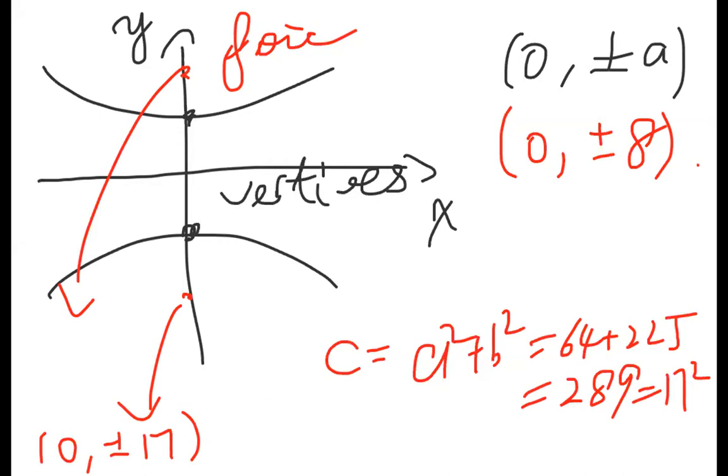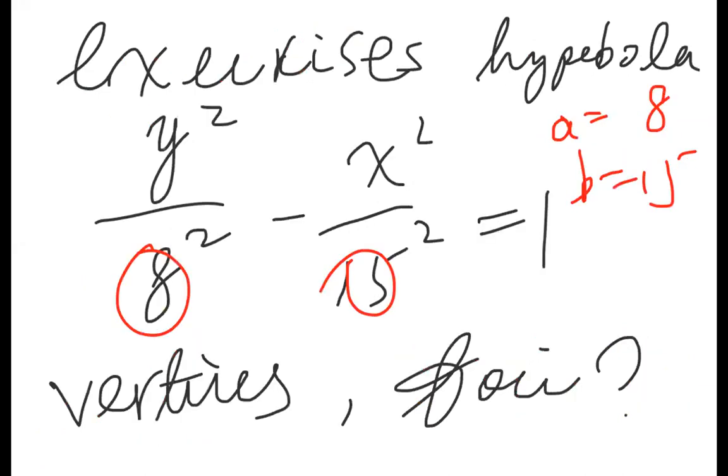So for a hyperbola, the very first step you should do is identify what the graph looks like, right? So you find out whether the minus sign comes before x squared or before y squared. In this case, it's before x squared, so everything is on the y-axis, the foci and the vertices.